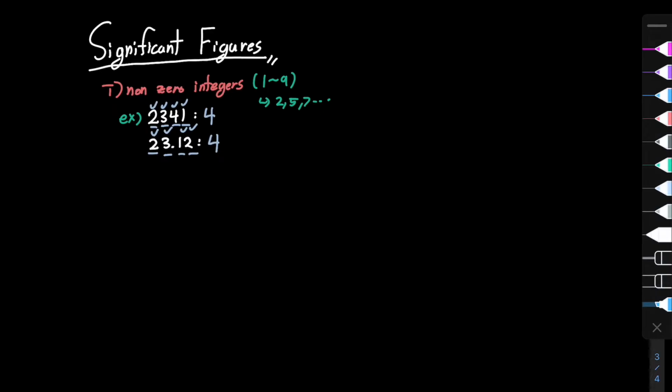Now, if we have a bigger number such as 23415.2, the same concept applies. Every single digit in this number isn't zero, so every single digit here will be counted as significant figures. So there will be 5 significant figures.